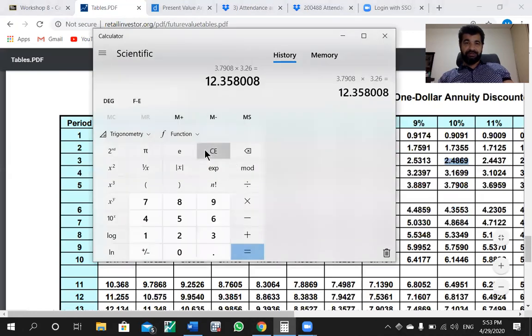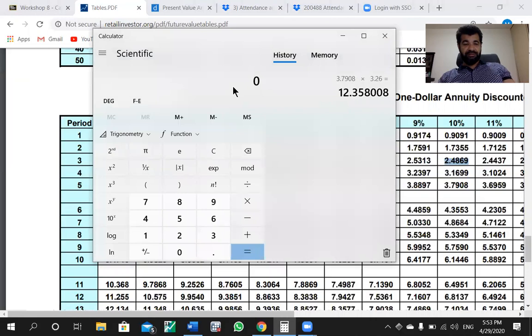Multiply 2.4869 with 3.51. See, 8.72. Okay, you can see that here.